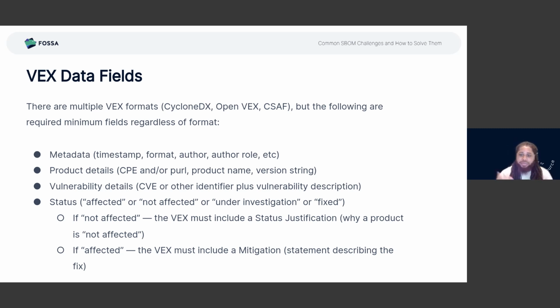It also could be under investigation, fixed, remediated, some of these other statuses, but then also that VEX-based justification. So things like inline mitigation exists, the component's not distributed, the actual code is not reachable. These are all VEX-based justifications that you want to make sure your developer, whoever's actually working on these individual software components, is enumerating, so that you can then communicate to your customers on an ongoing basis, or whoever's consuming this software.